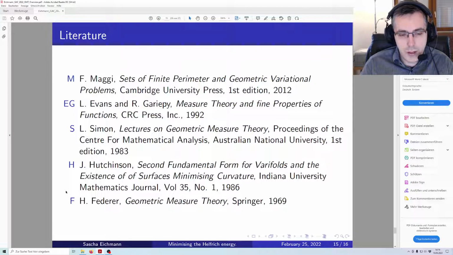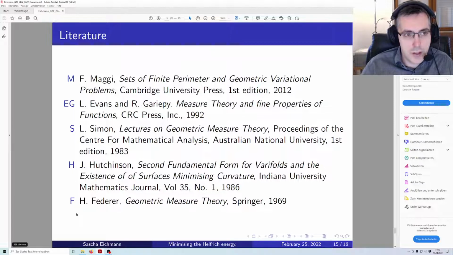If you want to really know something very specific, for example for the Hausdorff measure, chances are high Federer has worked it out in his book somewhere. So this one is a back reference if you need some very specific information. Maggi as a primer, and Simon as your mainstay textbook. This is what I recommend.